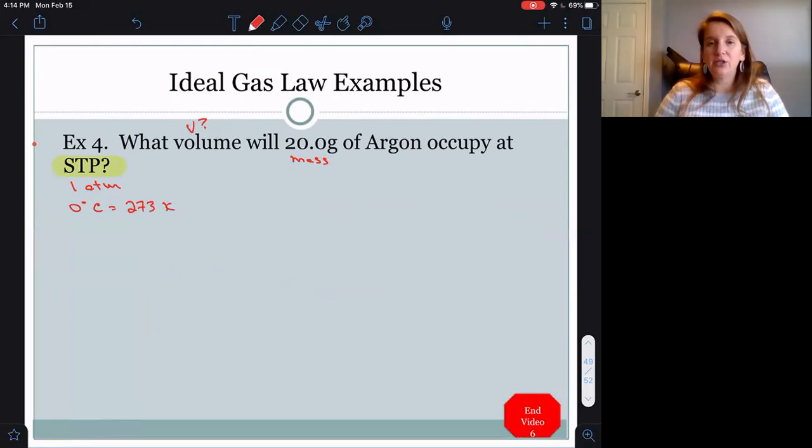Now remember, we're not going to use these constants for sig figs, okay? So first off, we have one of everything. So we have a pressure, we have a temperature, and we have a volume. We're looking for volume. And from mass, we can get moles. So we need to do a quick little gram to mole conversion.